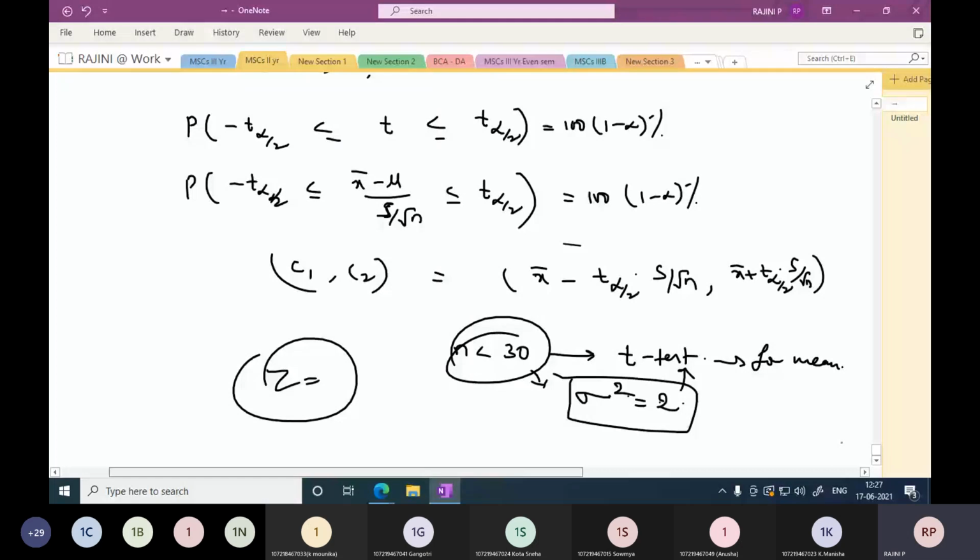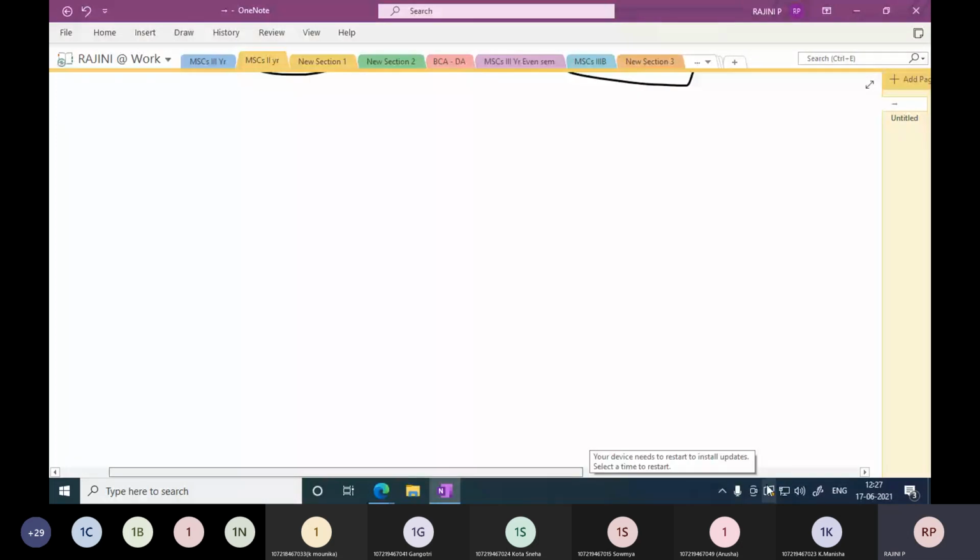Now, move to the next one. This is the homework for you. How many will solve and show it to me tomorrow? We'll check it. Find the 100 into 1 minus alpha percentage confidence interval for the difference of means.